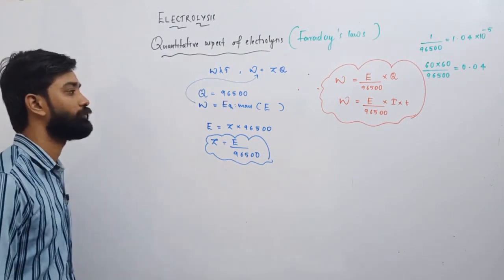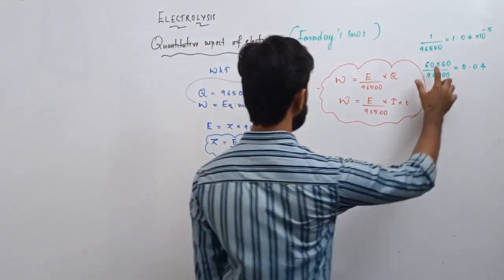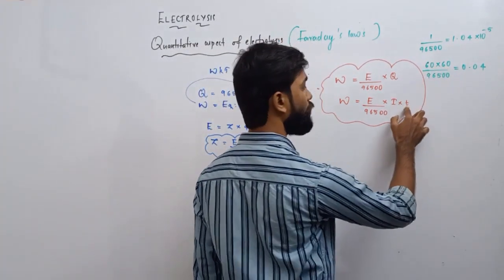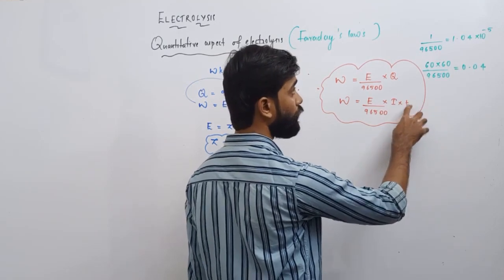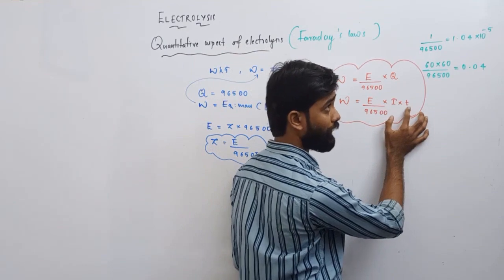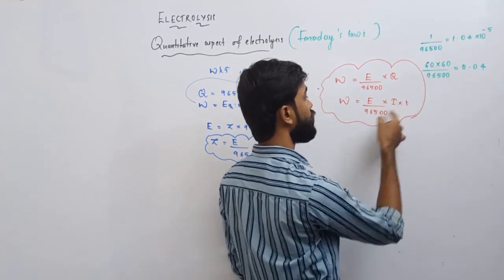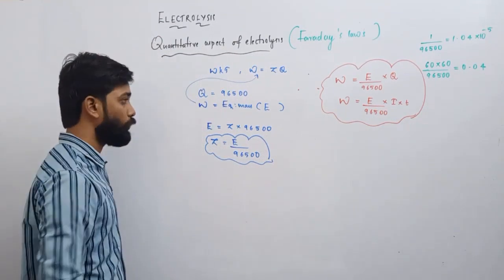This will be useful for you. If the time is given in hours, you should convert it into seconds. For example, for 3 hours you supply the time as 3 into 60 into 60, and that 60 into 60 divided by 96500 you can simply write as 0.04. It will be an advantage for you.